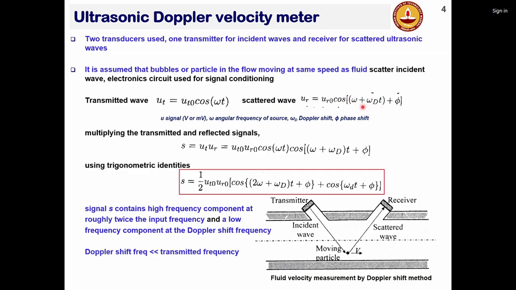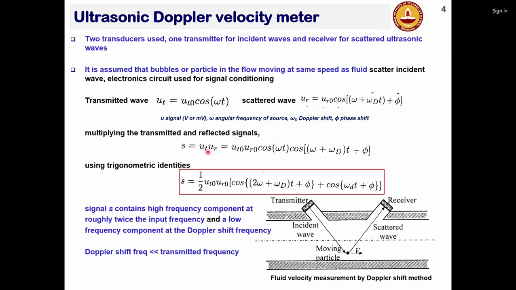It will have a frequency shift, that means it will be omega plus omega d, with t outside the bracket, and it will also have a phase shift. Now, if you have the transmitted wave known by a control system, and the control system also knows the scattered wave, it can perform multiplication of the signals using the signal circuit.